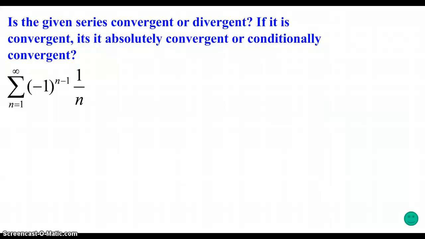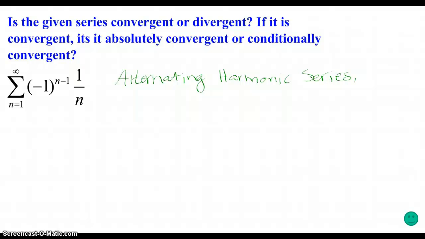So is the given series convergent or divergent? If it is convergent, is it absolutely convergent or conditionally convergent? Well, let's hope we recognize the alternating harmonic series. Remember, in the last video, if we recognize it as the alternating harmonic series, we get to say we know that series converges just by definition.